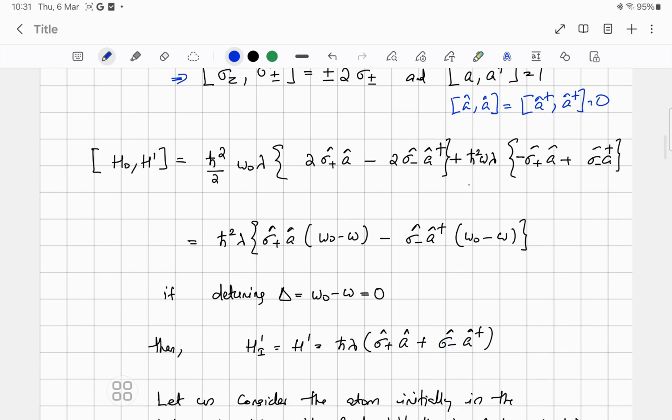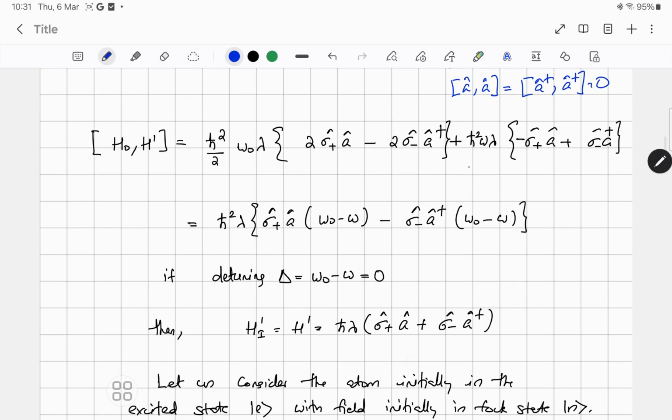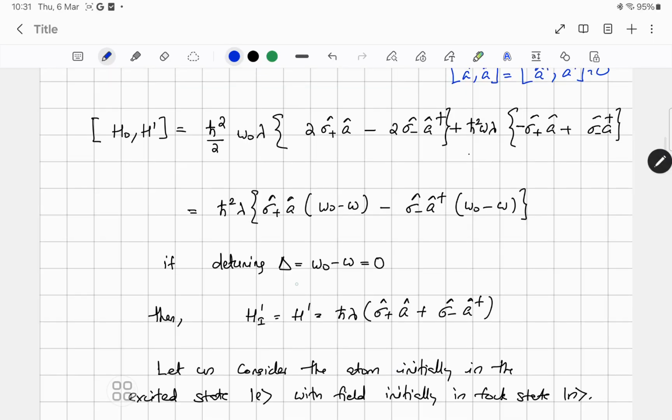You can show that when the detuning Δ = ω0 − ω = 0, remember, ω0 is the transition frequency of the atom and ω is the frequency of the radiation, this means it is the resonance condition. So in resonance, H′_I will be the same as H′, because in resonance the commutator [H0,H′] would be 0.